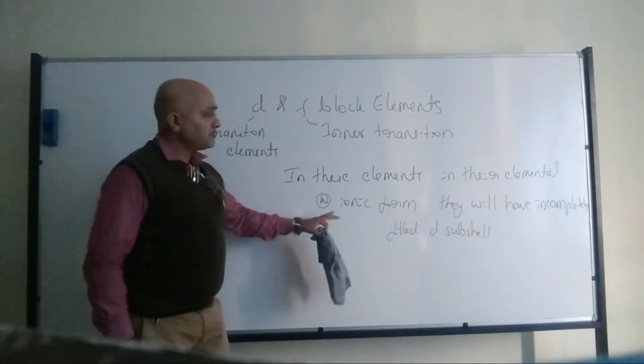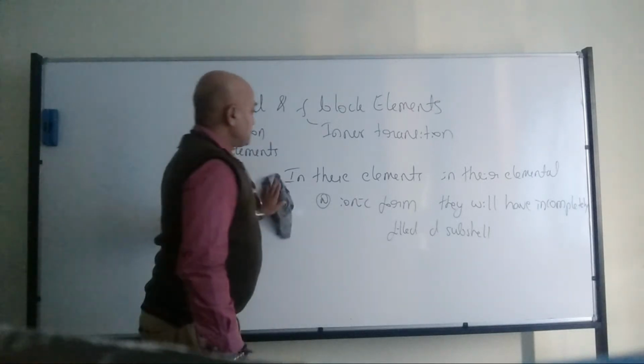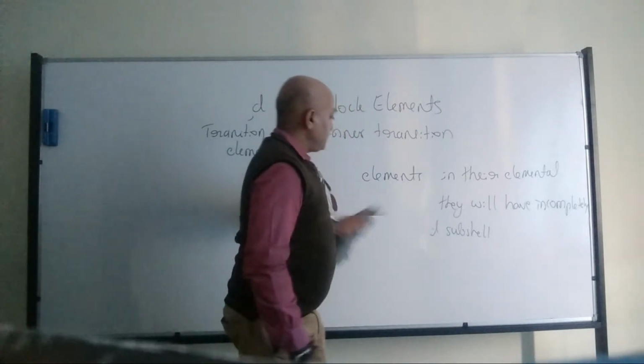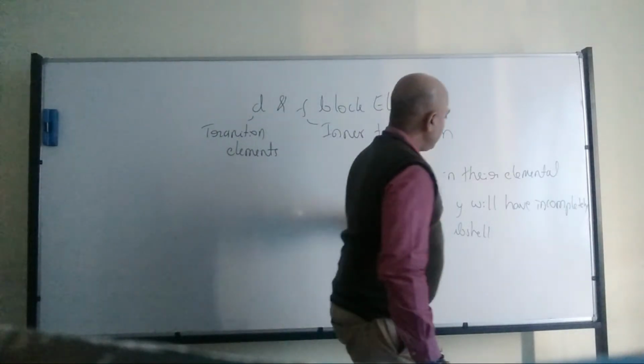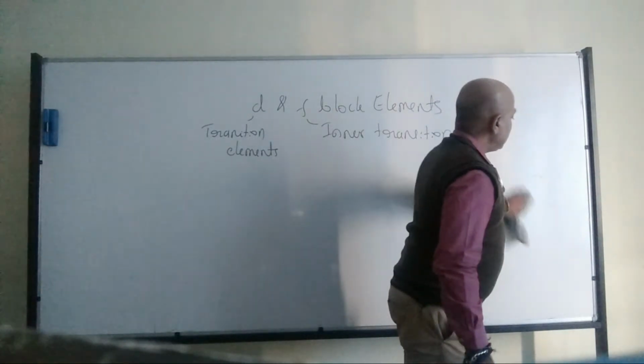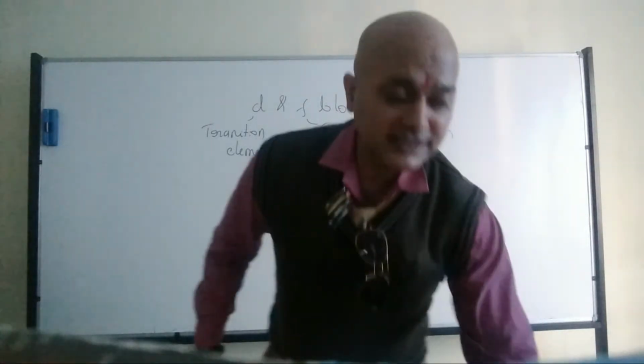So there is a reason why we are mentioning ionic form once again, which you will understand when we talk about these elements in detail. Very shortly we are going to discuss.